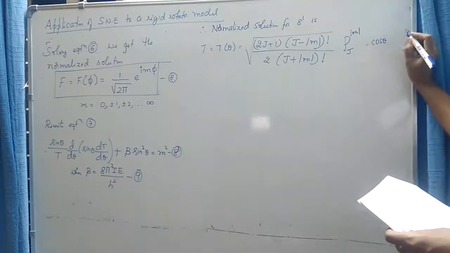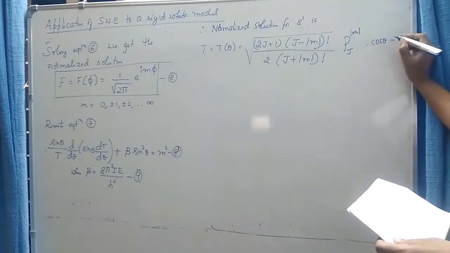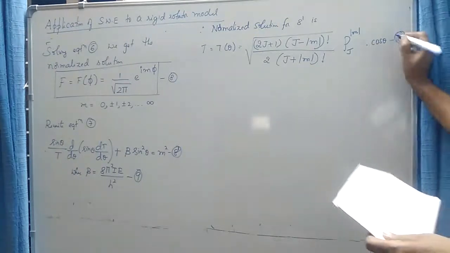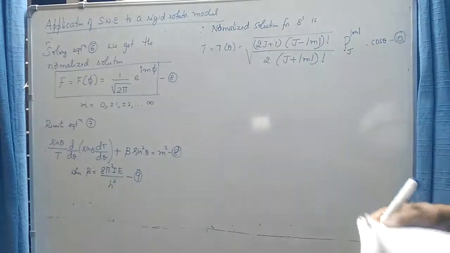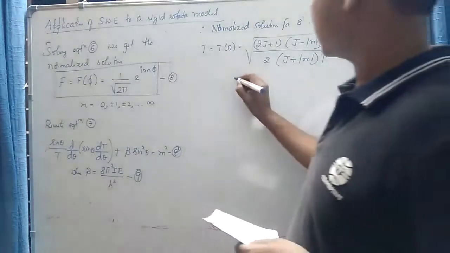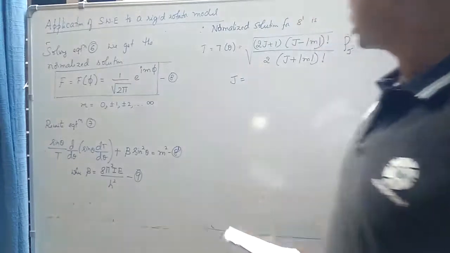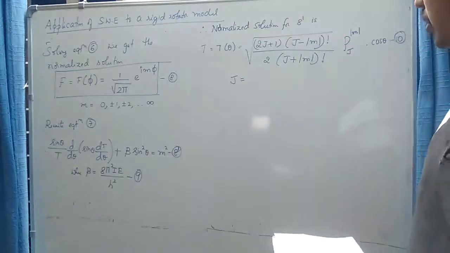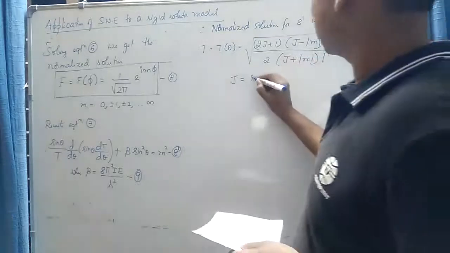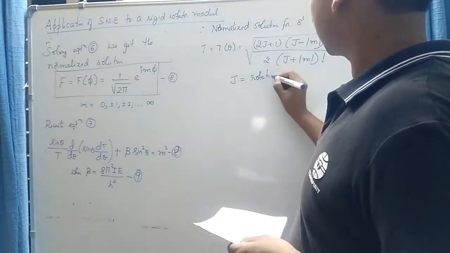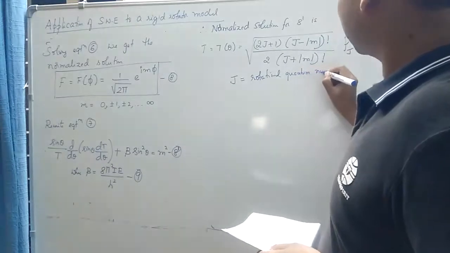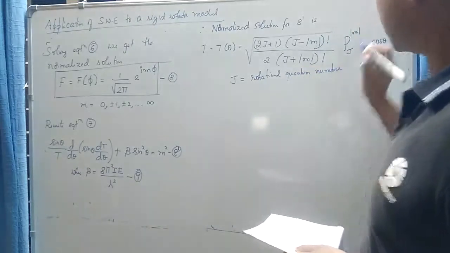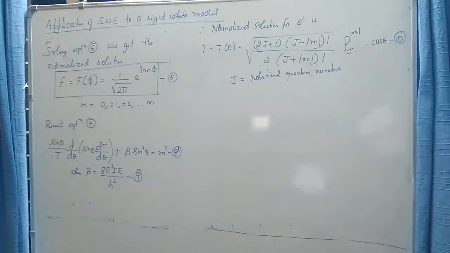So these equations are rather lengthy and complicated, but we have no option other than memorizing this equation. Here j is a constant and it is called the rotational quantum number. For a given state it is a constant, but as the state of the system changes, it also changes.